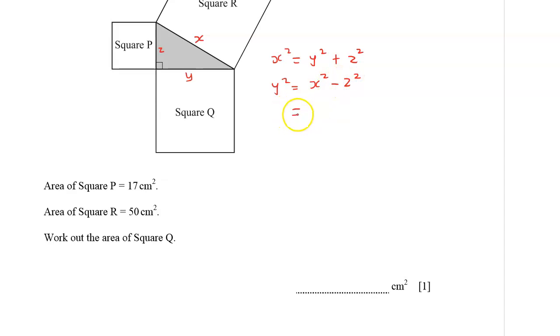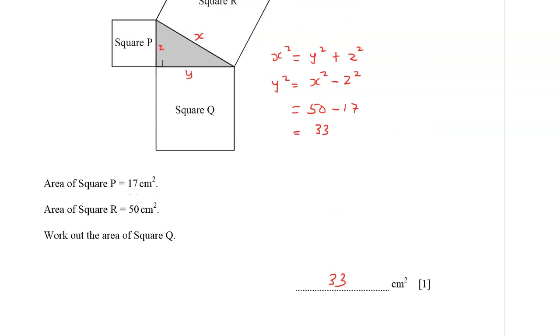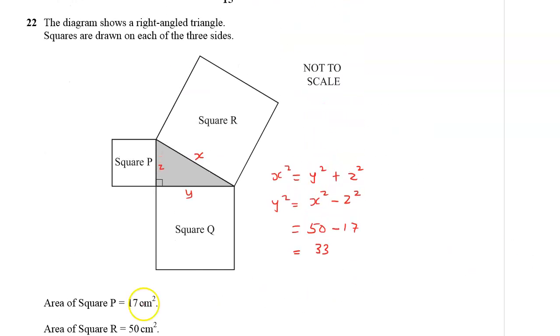Therefore we know that the square of x is 50, because it's the area, and the square of z, which is square P, is 17. Therefore what we get is 50 take away 17, you get 33, and that will be the square for y. So 33 is the answer.